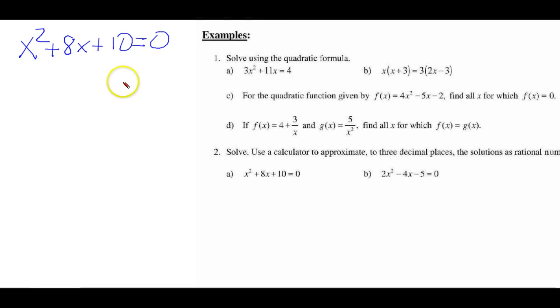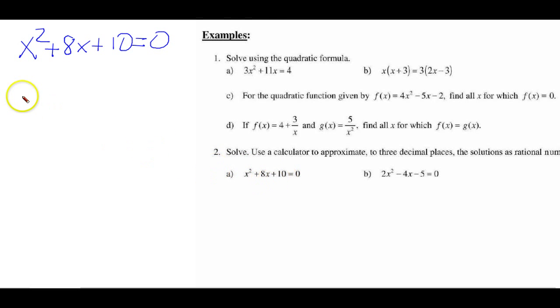Okay. Now I have a calculator that can actually do this. So I can plug A into my calculator, B, C, and it gives me my values. But if you don't have a calculator that can do it, how would you do it?